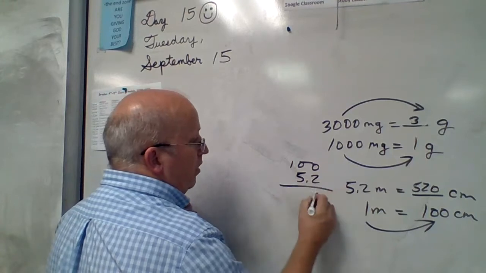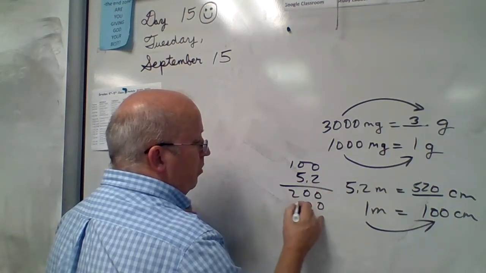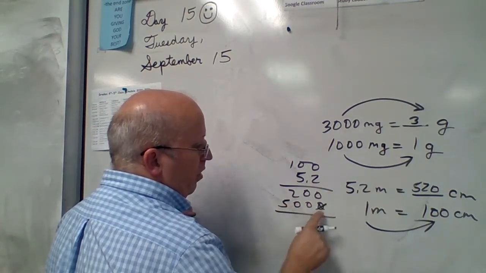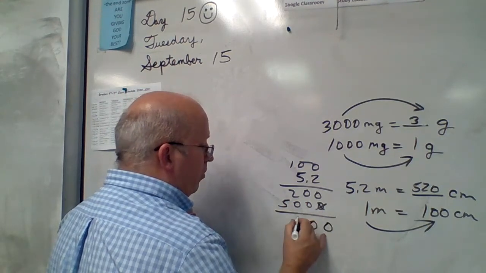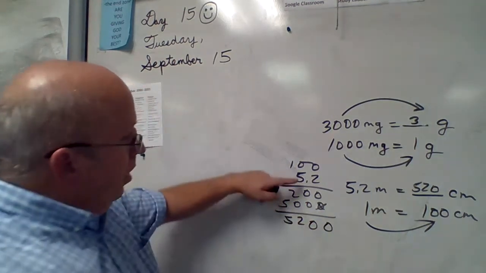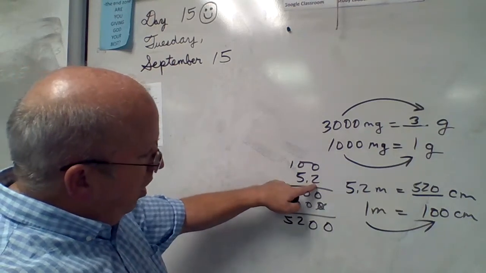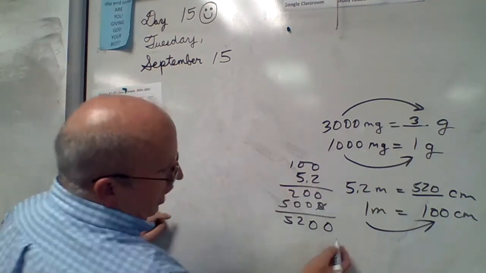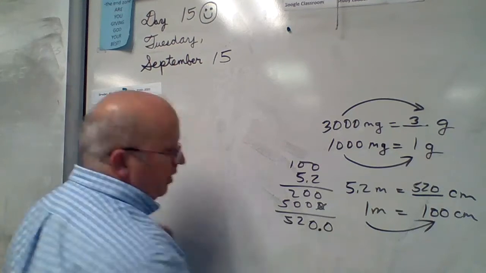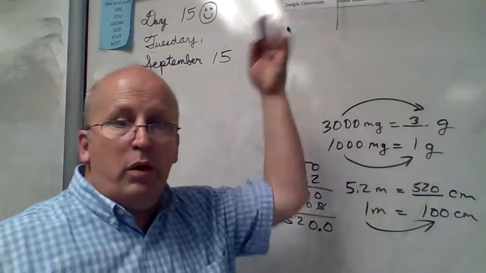Let's show you that. The original problem has 1 decimal place, so I count over 1 spot and put in the decimal point, 520.